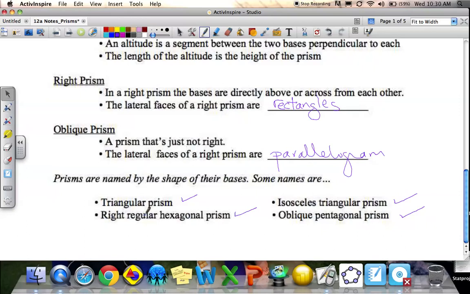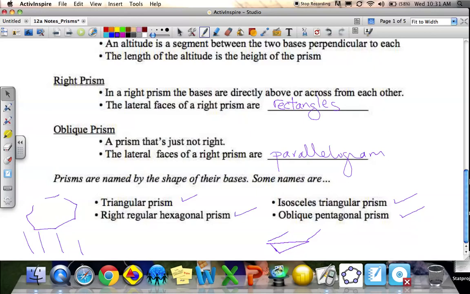A right regular hexagonal prism would have a hexagon on top, which has 6 sides, and directly below it would be another hexagonal base, and that would be a hexagonal right regular prism. Isosceles triangular would have an isosceles triangle base, and then it would have the rest of it.